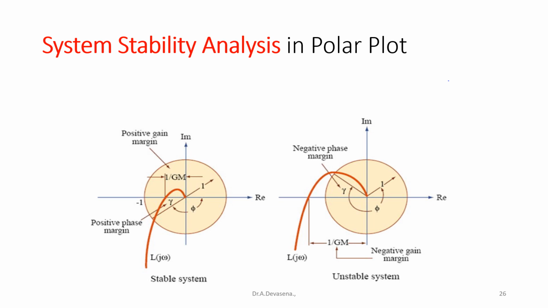If we have positive gain margin and positive phase margin, then the system is said to be a stable system. If the calculated gain margin and phase margin are negative, then the system is said to be an unstable system. This is indicated in this graph.